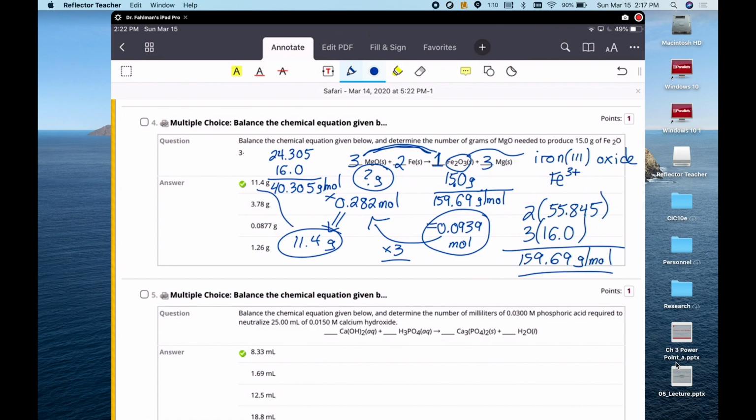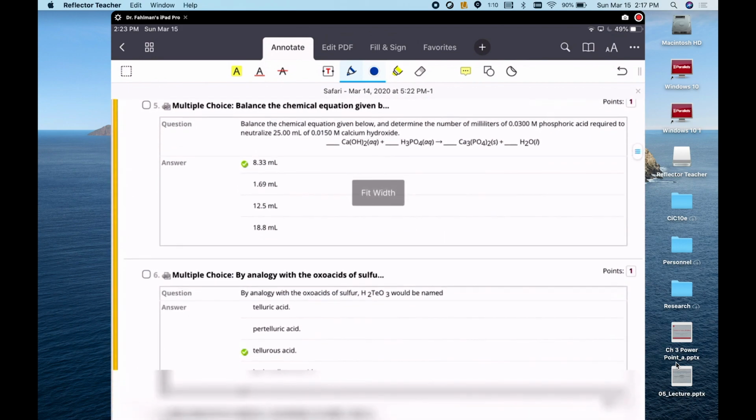So again, the strategy was to first figure out moles for your iron(III) oxide, convert it to moles, and then grams of your magnesium oxide.